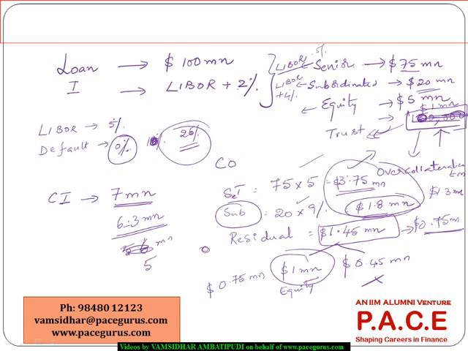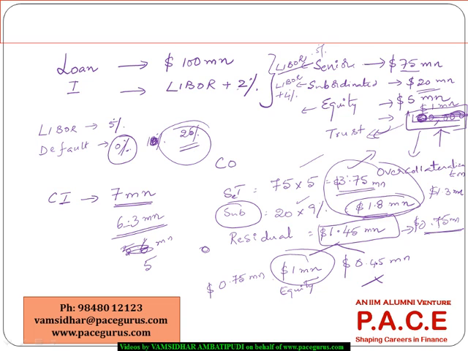So this is the typical way we can take the example of a waterfall model and the distribution of the cash flows to the various tranches based on the expected default rate, and how each of the tranches absorbs the overall losses in the process.